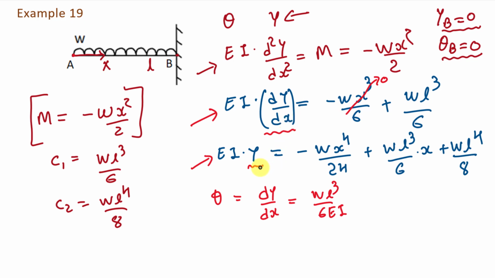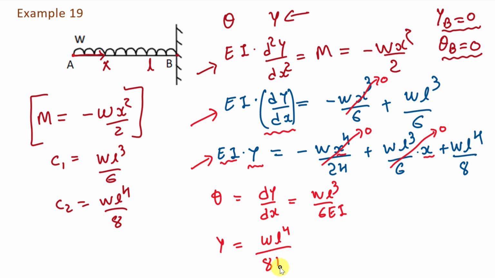And if we want to find the deflection y, then we will put x is equal to 0 in this expression. So this term will be 0 and this term will be 0 because x is 0. So we can write that the deflection will be equal to WL raised to 4 divided by 8, and this E into I will be multiplied with 8.